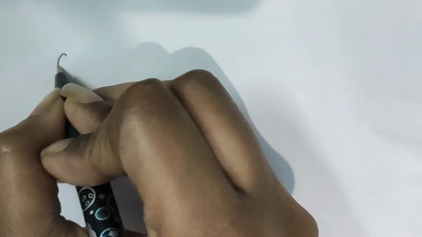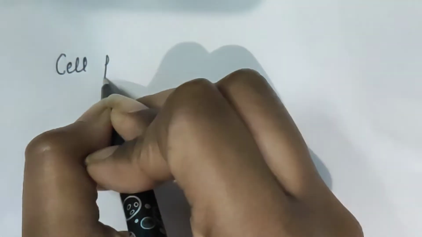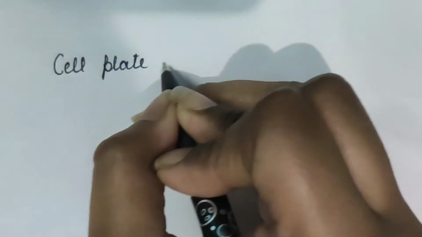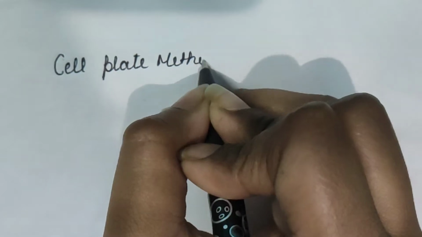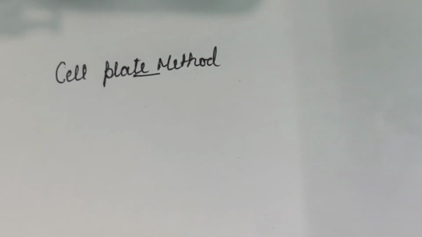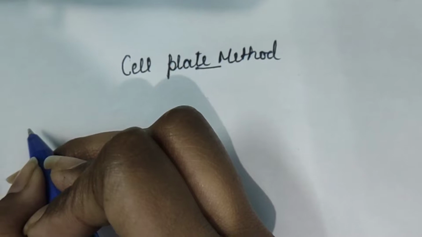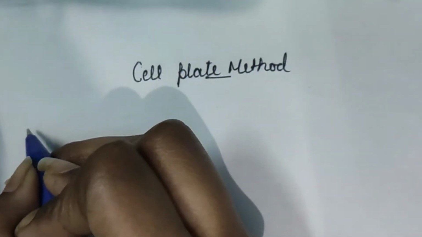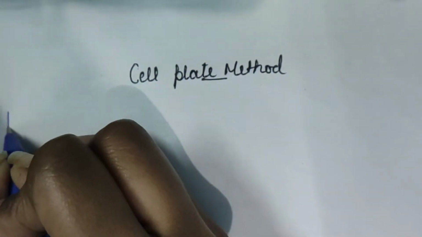So now we are going to discuss the cell plate method. The cell plate method occurs in a plant cell, so I'm going to draw the plant cell.